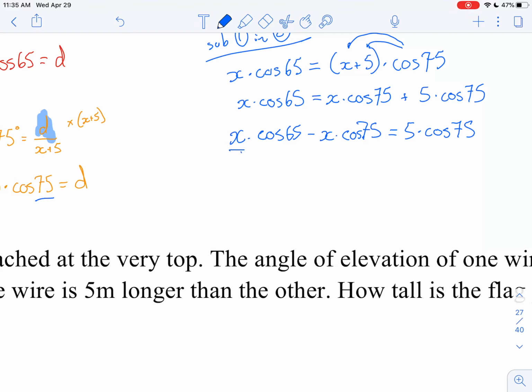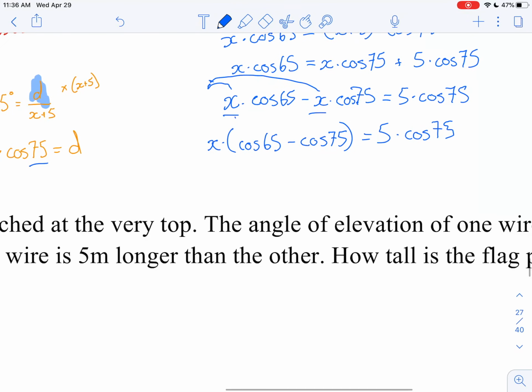Once again, I see something common between both of these terms, so I'm going to greatest common factor out an x out of both of these terms. And I have x times cos 65 minus cos 75 is equal to 5 times cos 75. So a little bit of factoring going on here, nothing too crazy.